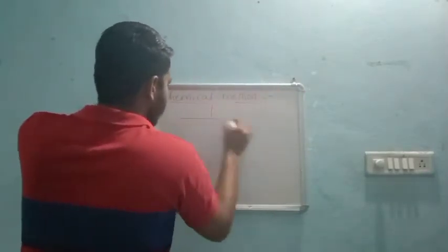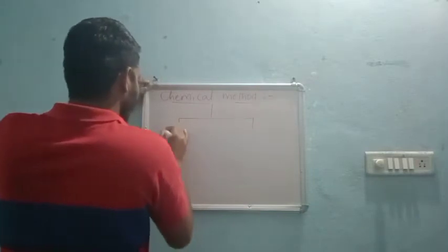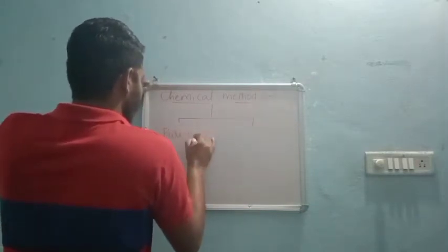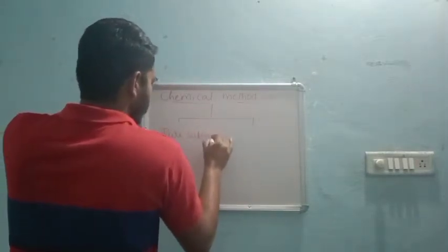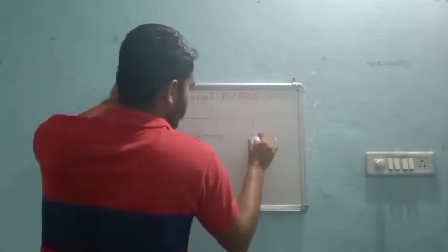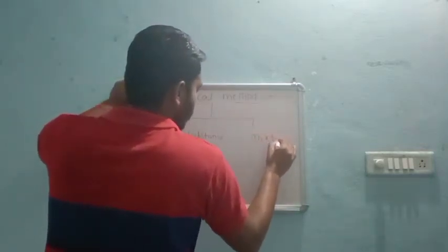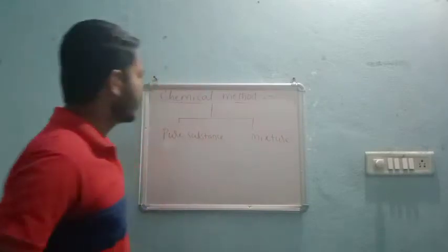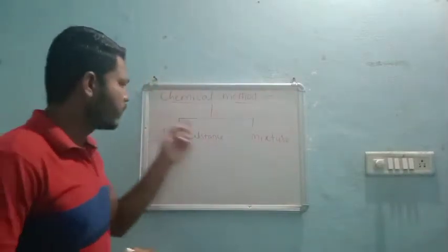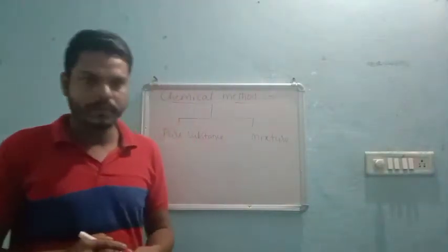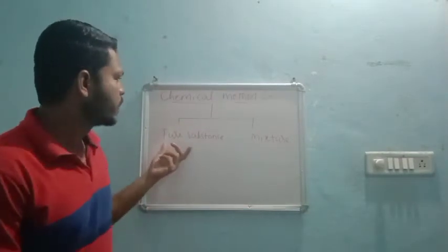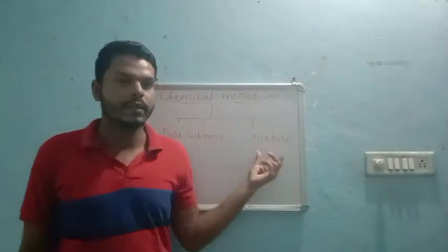One is pure substances and the other one is mixtures, right? So in the chemical method, we classify into two types: pure substances and mixtures.